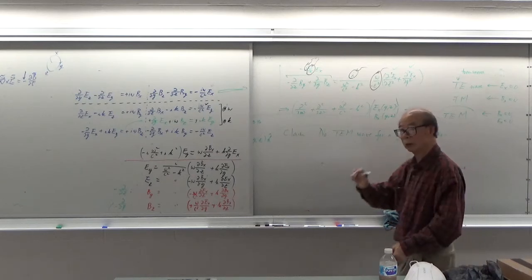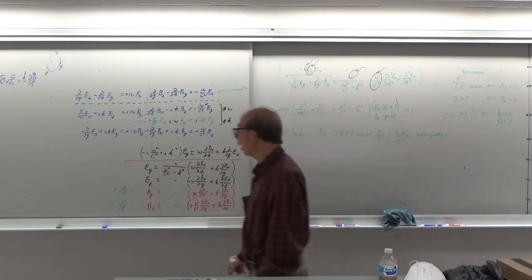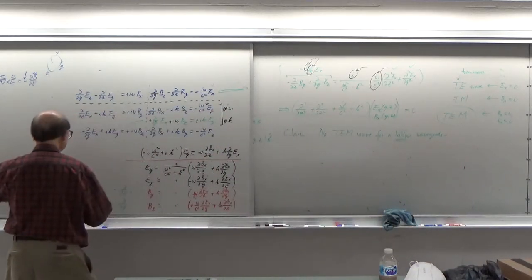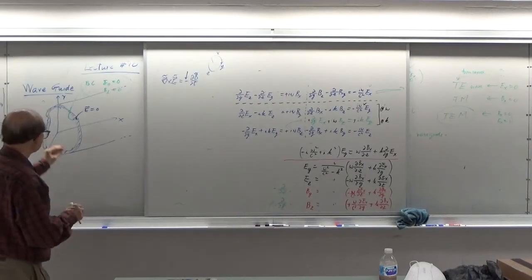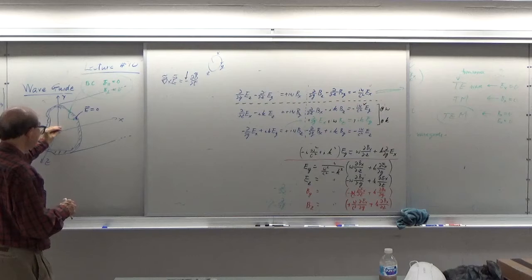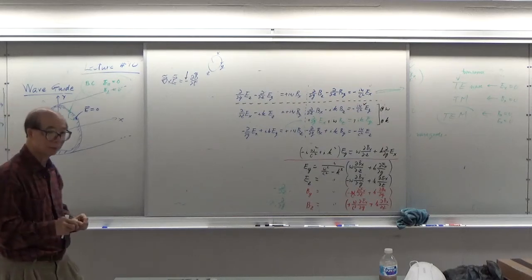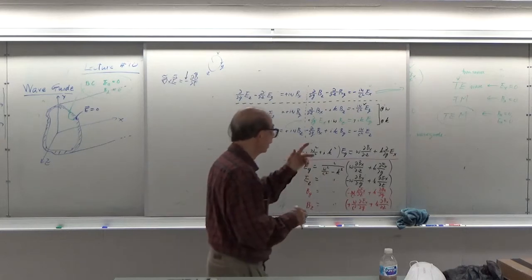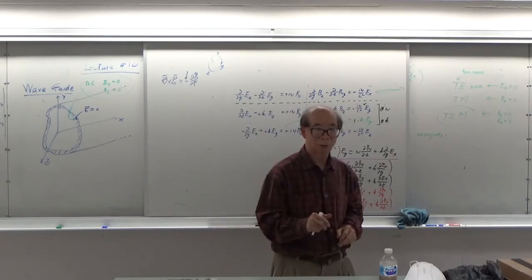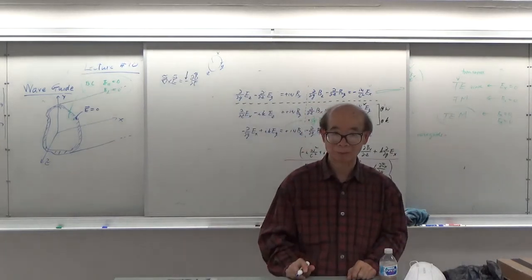I underline the word hollow here. If you construct the waveguide such that there's another tube inside this big tube, then that is no longer true. Then there can be non-trivial TEM waves.